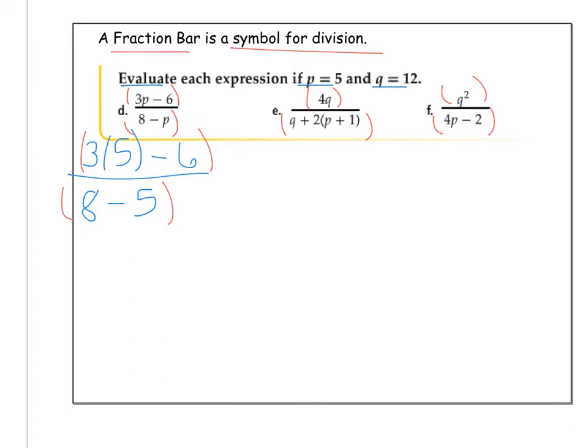So on the top, I have multiplication here. So I get 15 minus 6 all over 8 minus 5. I have subtraction on both the top and bottom. So on the top, 15 minus 6 is 9. 8 minus 5 is 3. 9 over 3 simplifies, divided to 3.